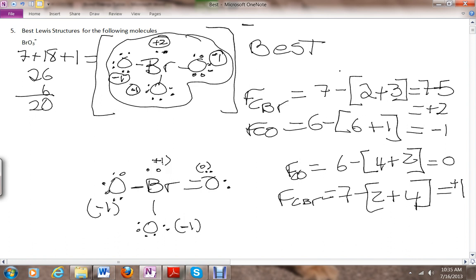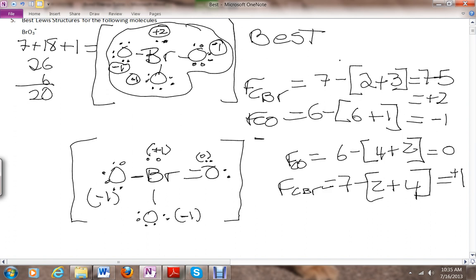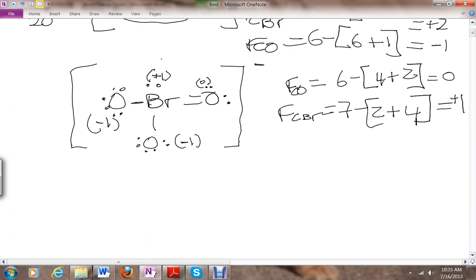So is this the best? Let's try, because we notice here, again minus 1 here, because you got plus 1, minus 1, 0, plus 0, 0, minus 1. I'm adding the formal charges, that's what I'm doing right now. We notice that adding a double bond makes this 0 and decreases this.